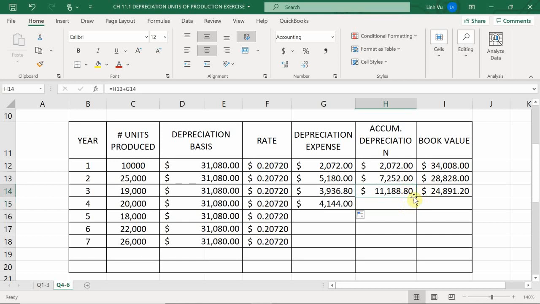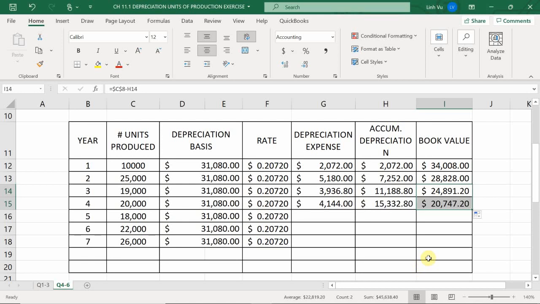Which brings my accumulated depreciation to 15,332.80, and my book value down to 20,747.20.